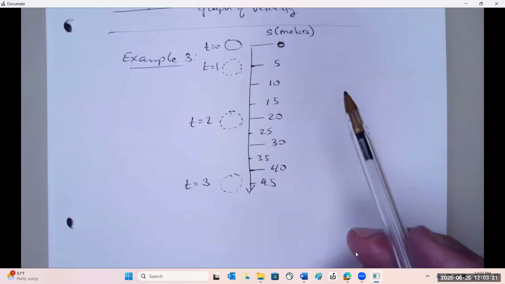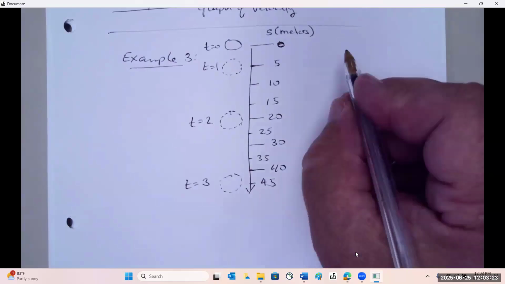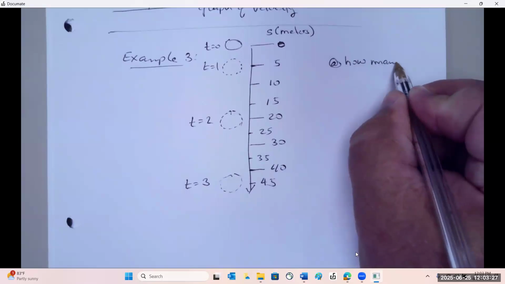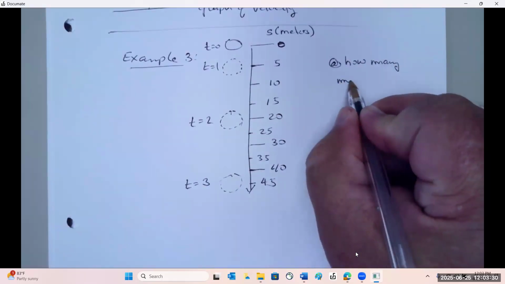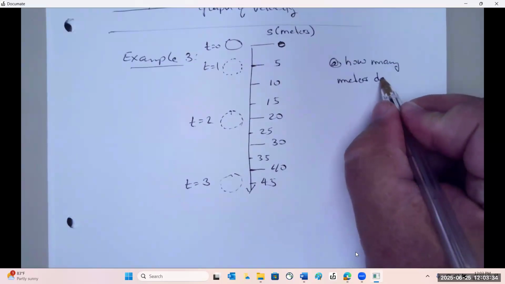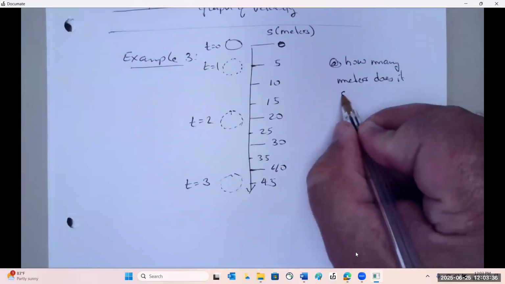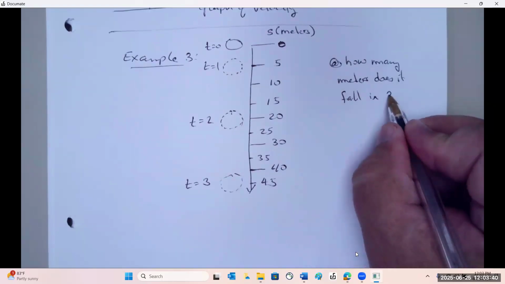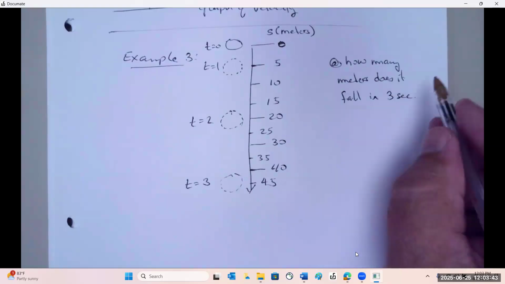So A, how many meters does it fall in 3 seconds?